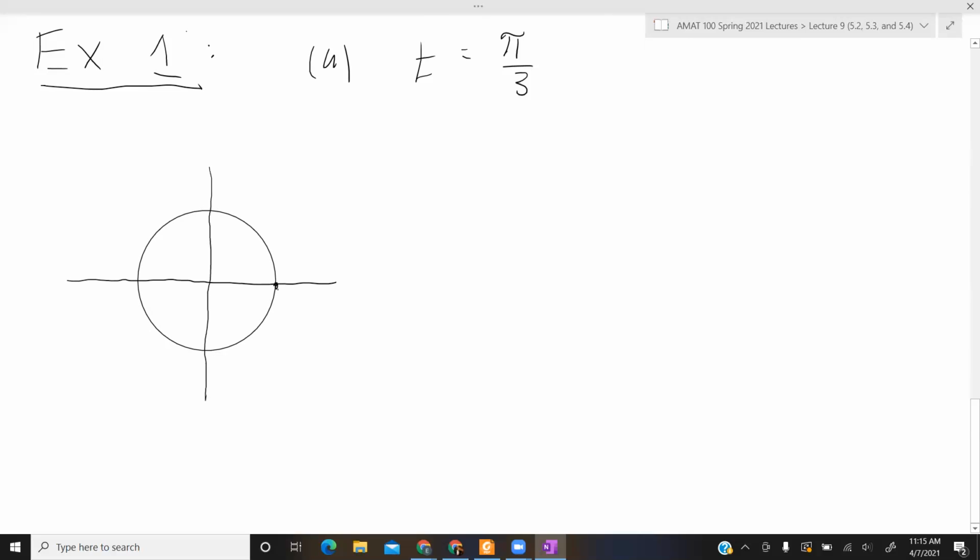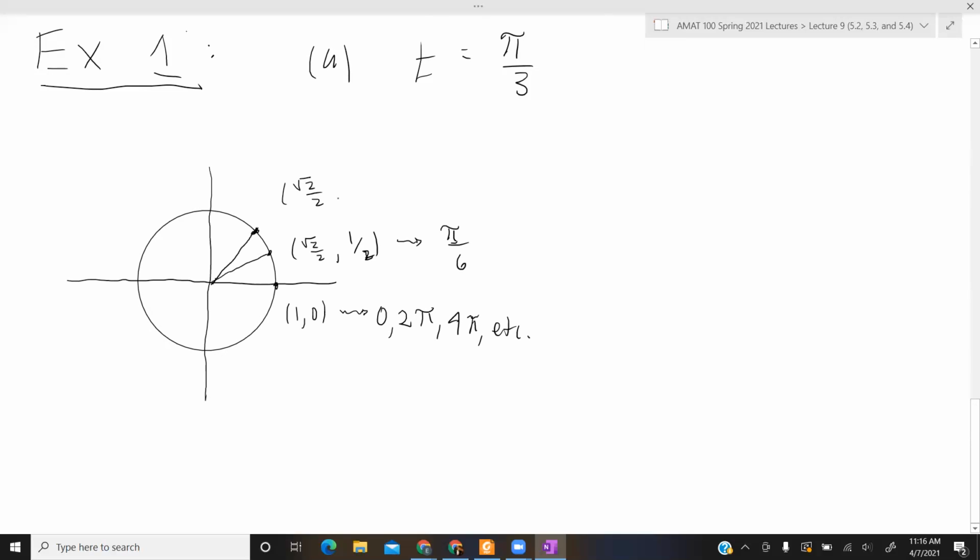We have the reference point that's 1, 0, and that corresponds to 0 or 2 pi or even 4 pi, etc. Then we have the point root 2 over 2 and 1/2, and this corresponds to pi over 6. Then you have this midway point in the quadrant, where the coordinates are the same.